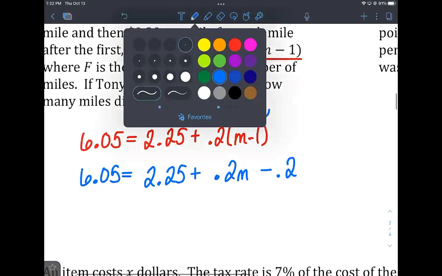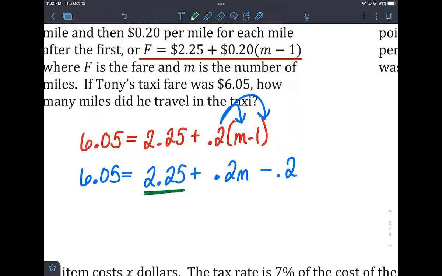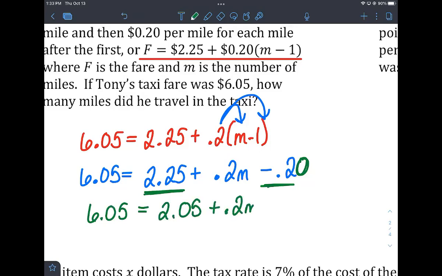There are some like terms we can combine over here. We have the two constant values. 2.25 minus 0.20 is what? It's 2.05. Yes, so 6.05 equals 2.05 plus 0.2m.